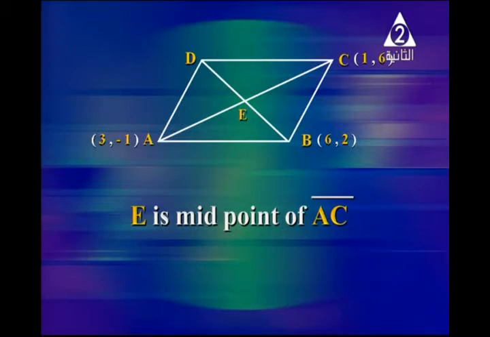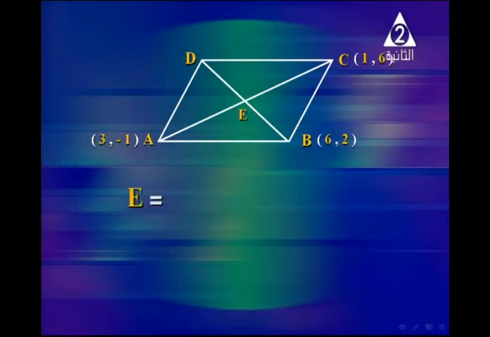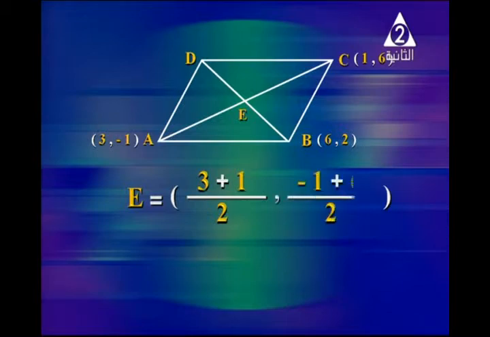So we can say that E equals, can you find the midpoint of AC? Of course, yes. E equals ((3 + 1)/2, (-1 + 6)/2), to obtain a result as (2, 5/2). This is the midpoint of AC.